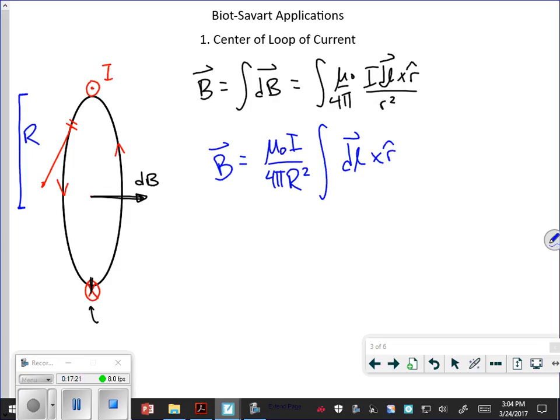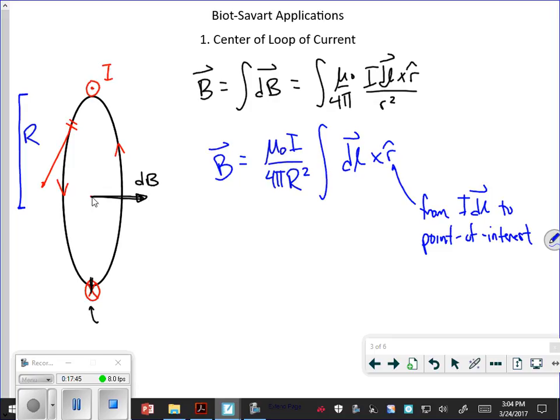What's the deal with dL and r hat? The r hats are in the direction from I dL to the point of interest, the place where we want to know what the field is.